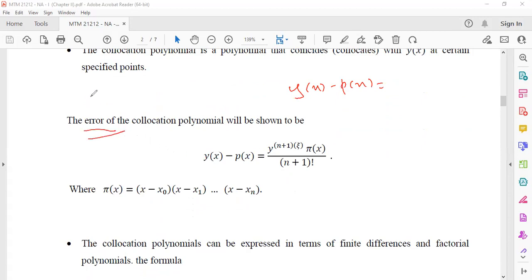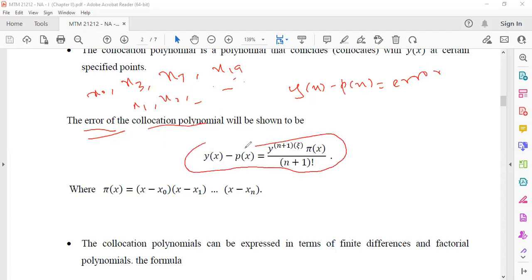Let's say it is only x1, x3, x7, x19 where it coincides. At all the other points, it has some difference. When you add all those differences, it ends up as an error. So the error of the collocation polynomial has been given in this formula.